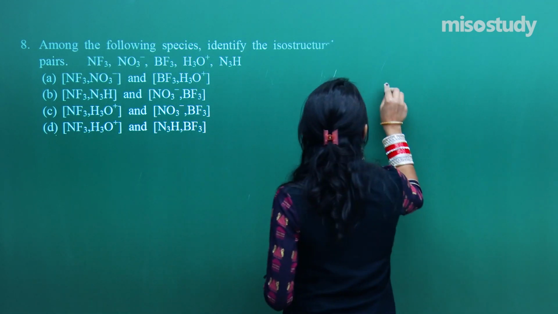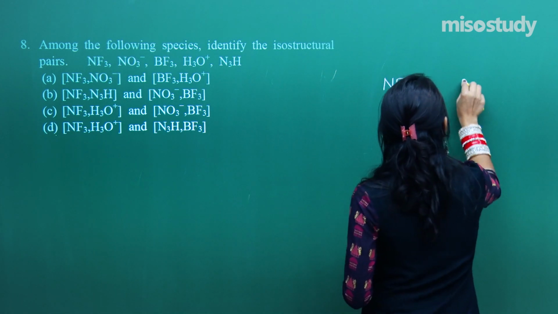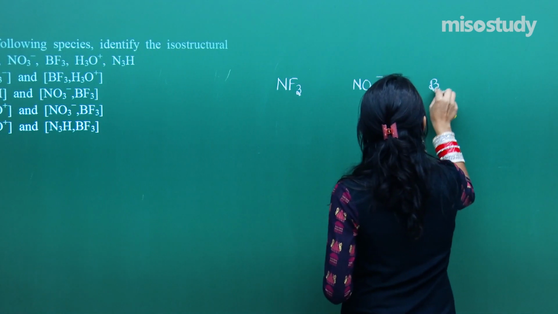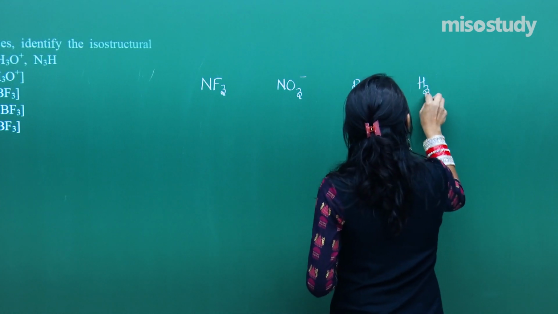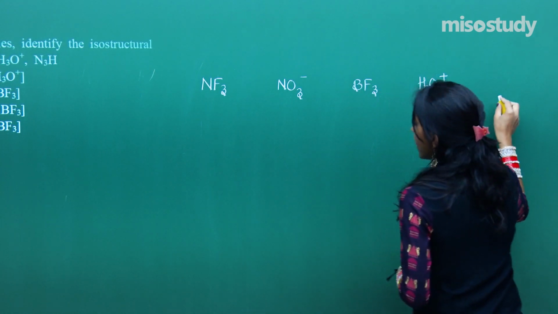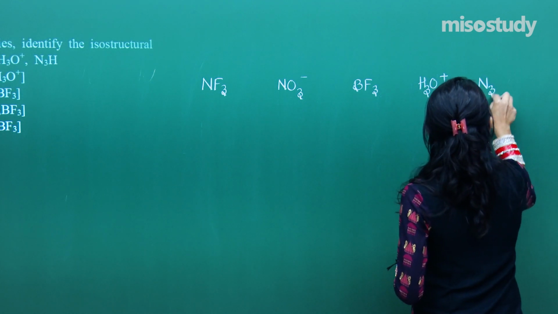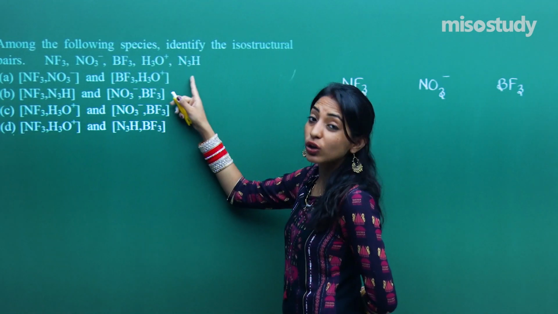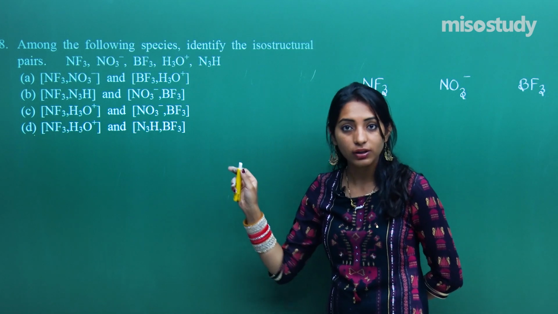And if I first write down, one is NF3, then we have NO3 minus, then we have BF3, then we have H3O plus, and then we have N3H. So see, this is not ammonia, so please don't consider it as NH3, it is N3H, right?